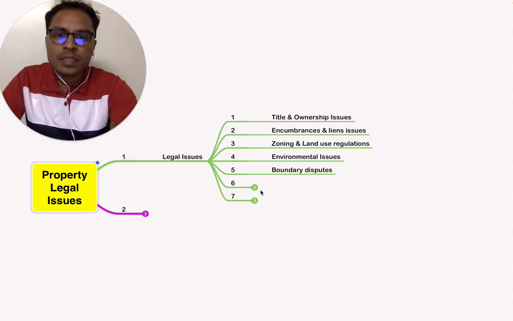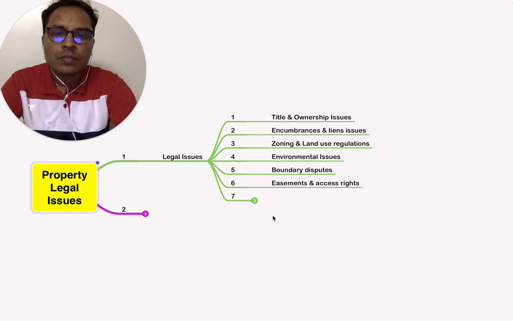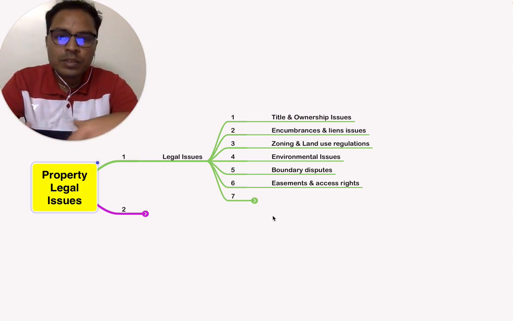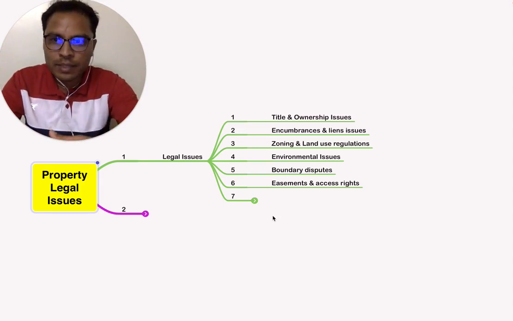And the sixth issue comes from access rights. Suppose the property may have multiple access points, like road connectivity.